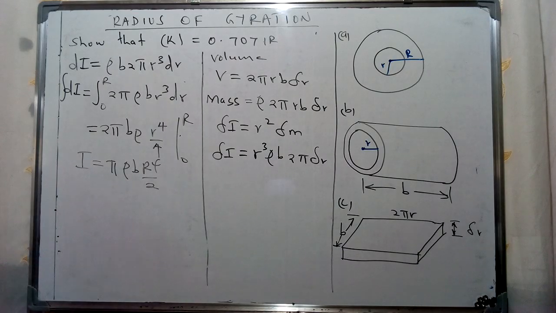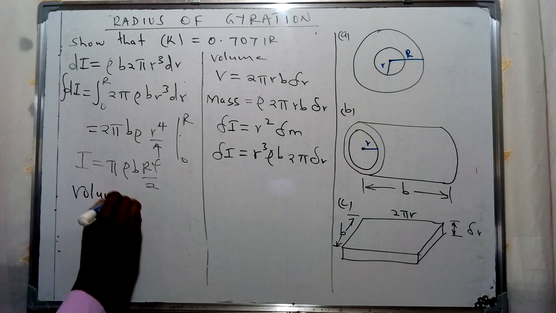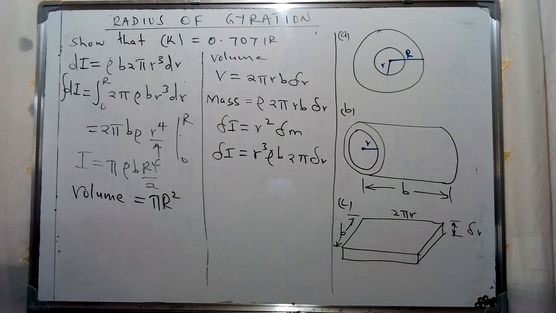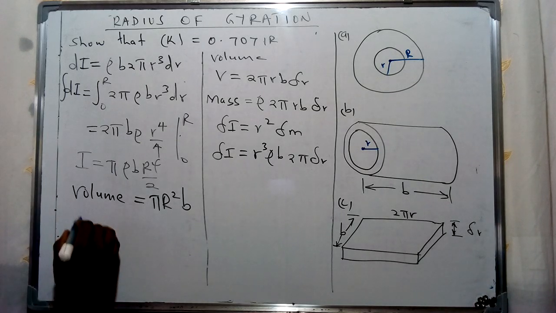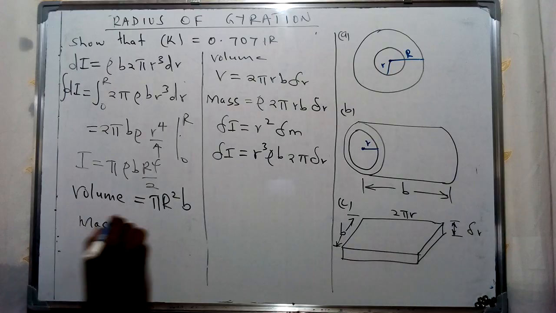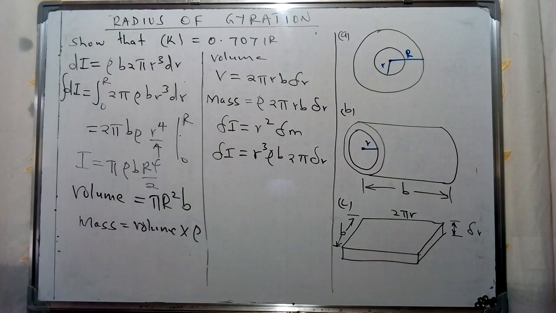In this specific case, we are going to just consider the concept of volume from our previous discussion on geometry, whereby we have the area of that specific cross section, and then the length given as that one. So if we consider the aspect of mass as we have been doing, this is going to be given as the volume times the density, which we have given in terms of rho.